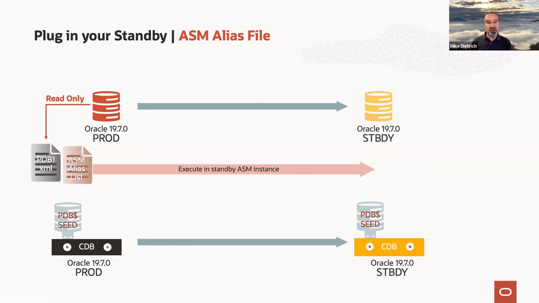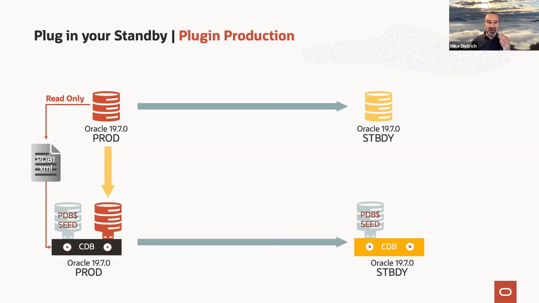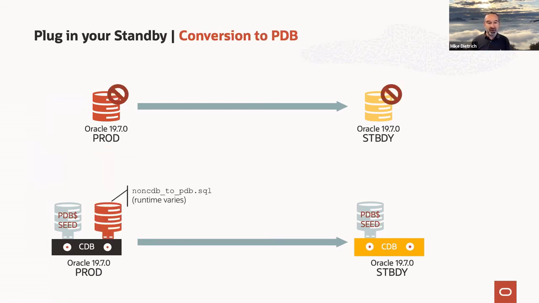So I need to give the standby a kind of translation table, and with the translation table, it works afterwards. This is now executed on the standby. I can then plug in on production, and then I run noncdb_to_pdb.sql, runtime varies as I explained before.